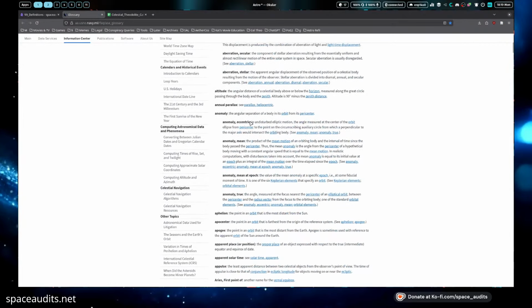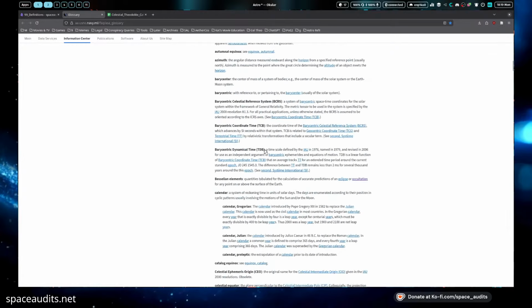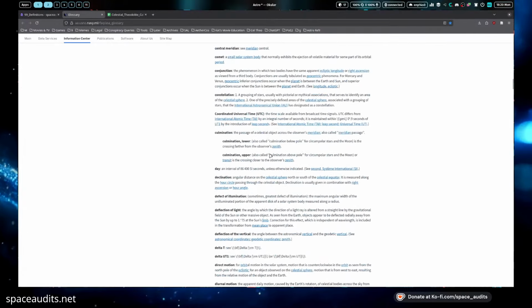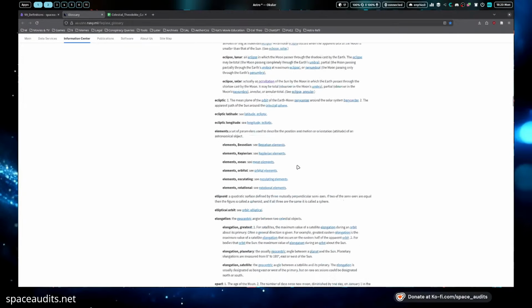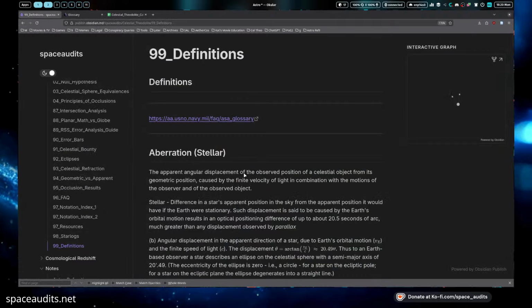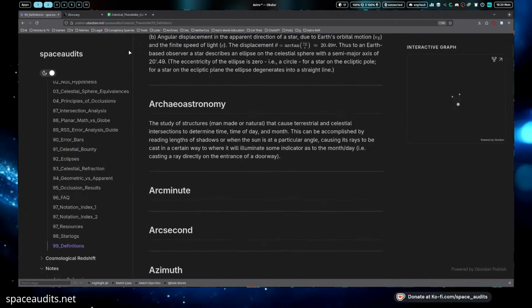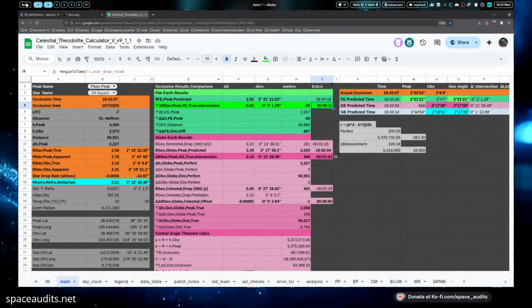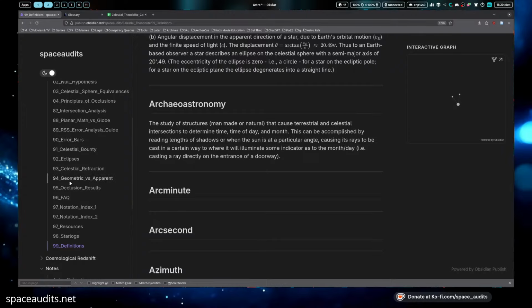They've got all the definitions here, and I don't disagree with any of them unless otherwise noted. So assume that everything in here I also agree with. And when referencing the spreadsheet, if you're curious what something means, you can reference the notation guide here.